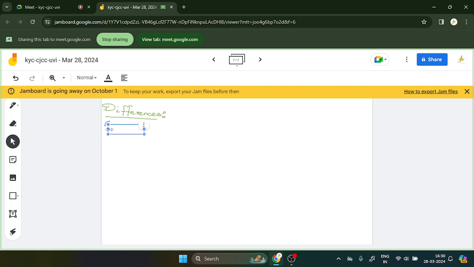Universal or gravitational force is a long ranging force. Clear? It's a long ranging force.